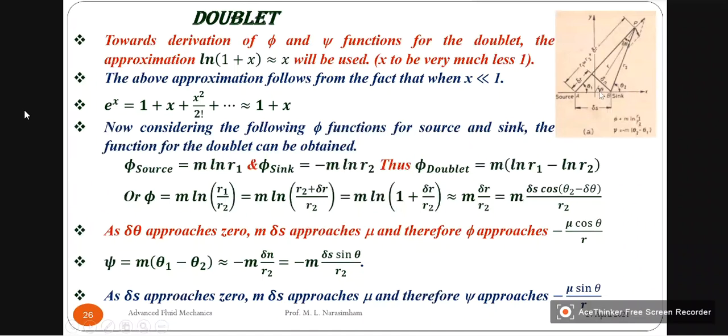What will happen when this point and this point come closer? This delta theta becomes 0. So as delta theta approaches 0, m delta s approaches mu.